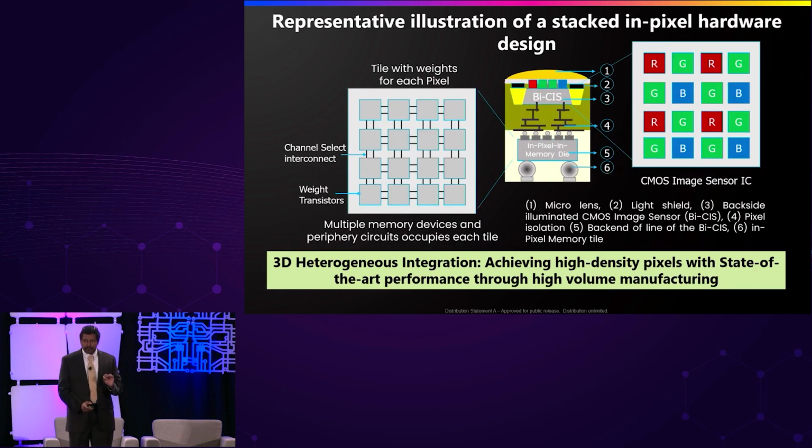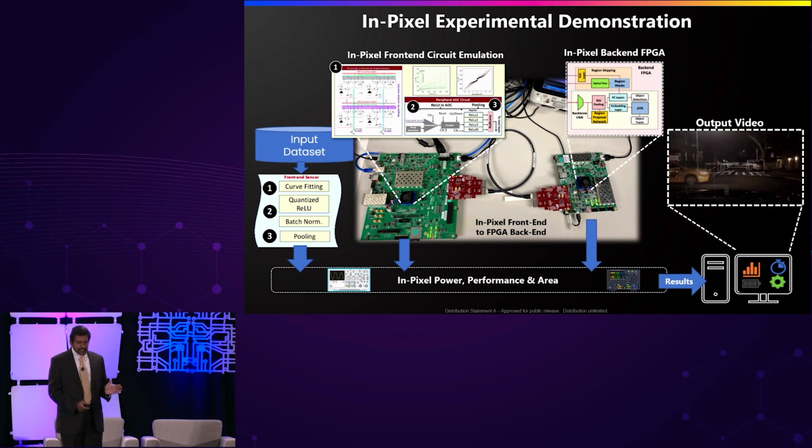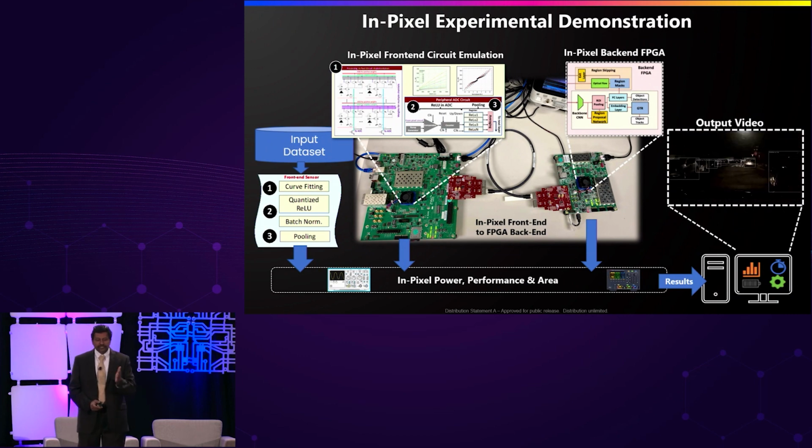So the hardware implementation can be done in high-volume manufacturing, either on a monolithically defined technology node or as represented in this slide, where we can use 3D heterogeneous integration where we do one-on-one mapping of the pixels with the memory. So to realize the in-pixel computing, we must integrate the front-end and back-end platforms.